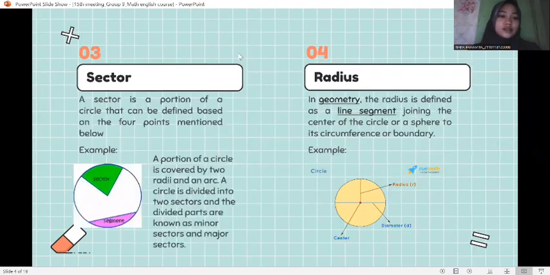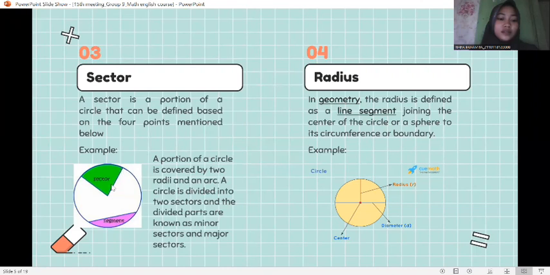Next is sector. A sector is a portion of a circle that can be defined based on the 4 points mentioned below. The example is from the picture here, we have a sector. This is a sector.